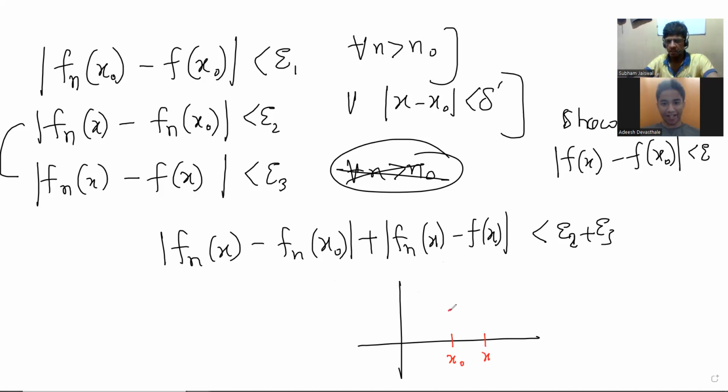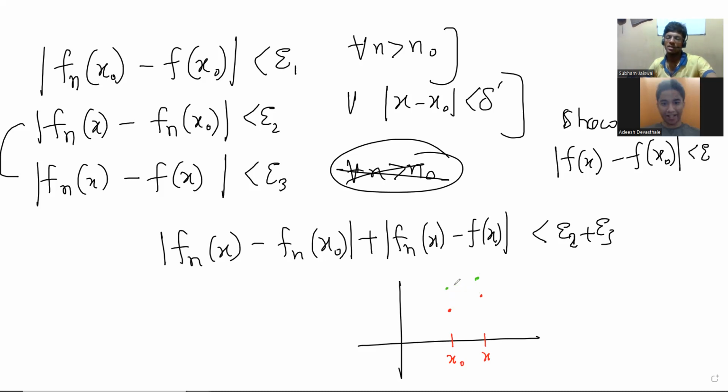And then this is f, and maybe this is Fn, the green one. We are trying to show that this height is less, and this distance is less, and it sort of fits, right?